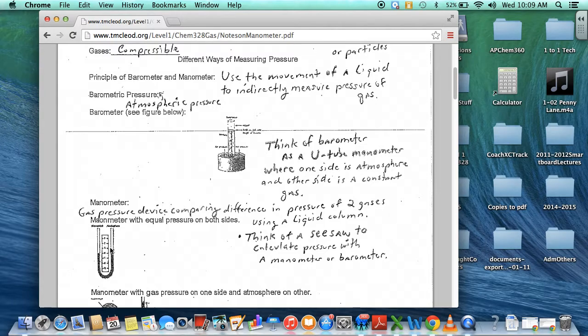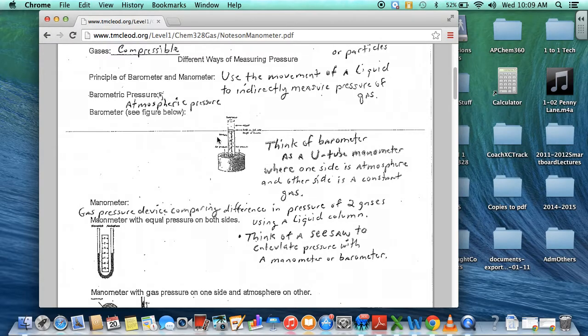So the gas pressure here is the same size person as this pressured gas over here. Of course, the water level is going to be the same because they're the same pressure, so they're exerting the same push on each side, so the levels are the same.